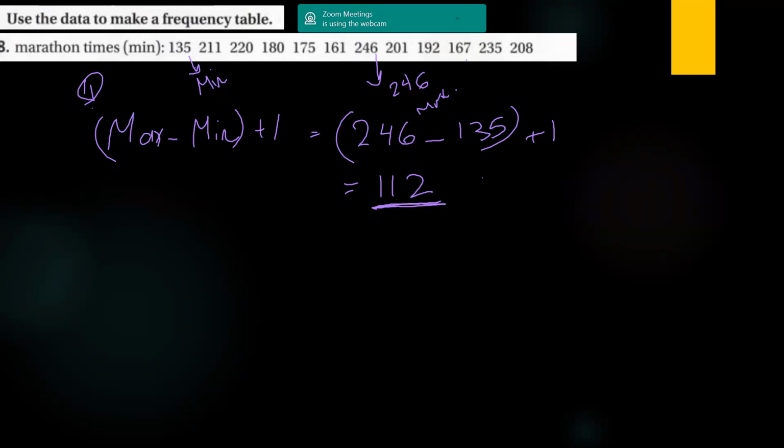If you divide 112 by 2, what will the answer be? It will be 56. 56, that means what? You have to make rows of 56 numbers. It's correct, but it cannot make an accurate frequency table.